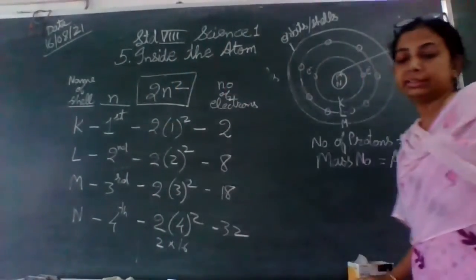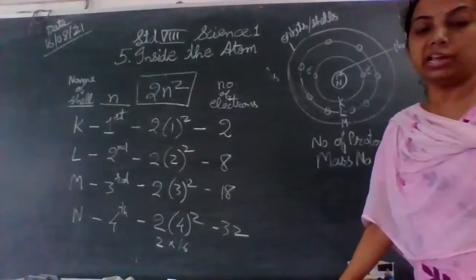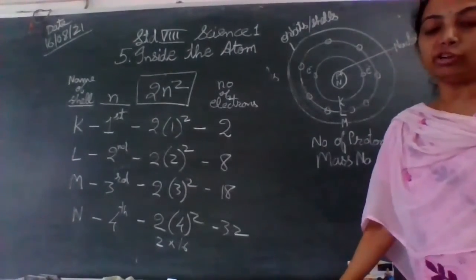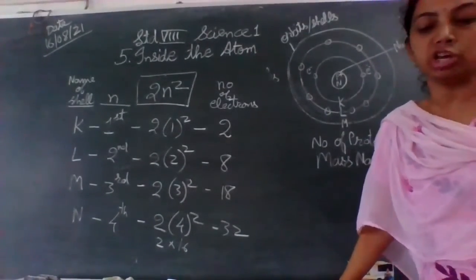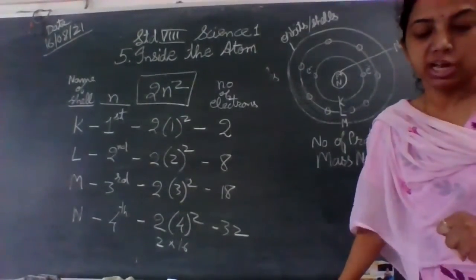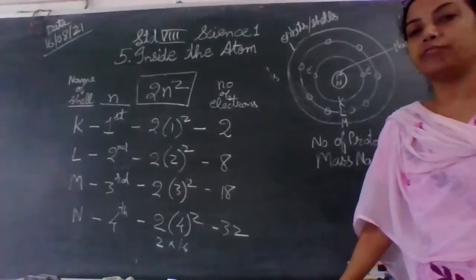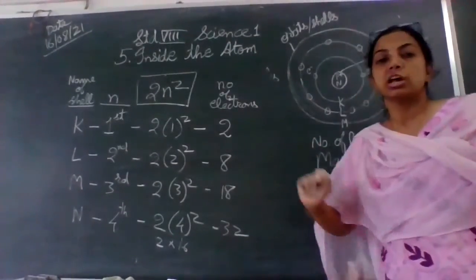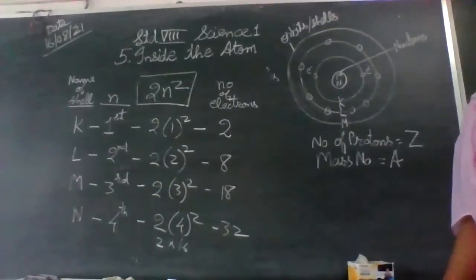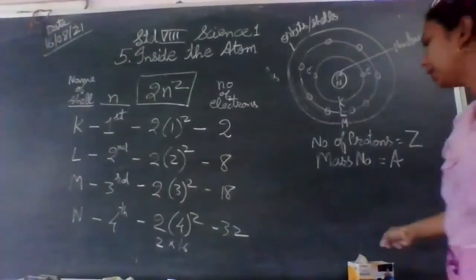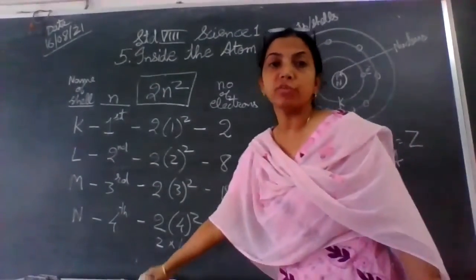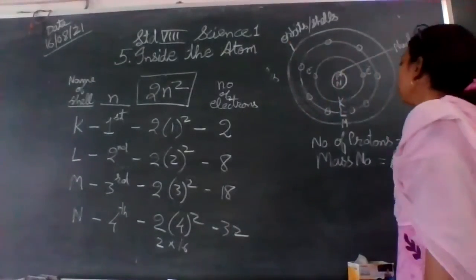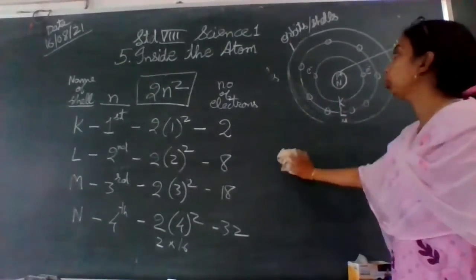Okay. Next thing that we'll be studying is the electronic configuration of elements, and how electronic configuration is done based on this study. For example, in hydrogen we have only one electron.